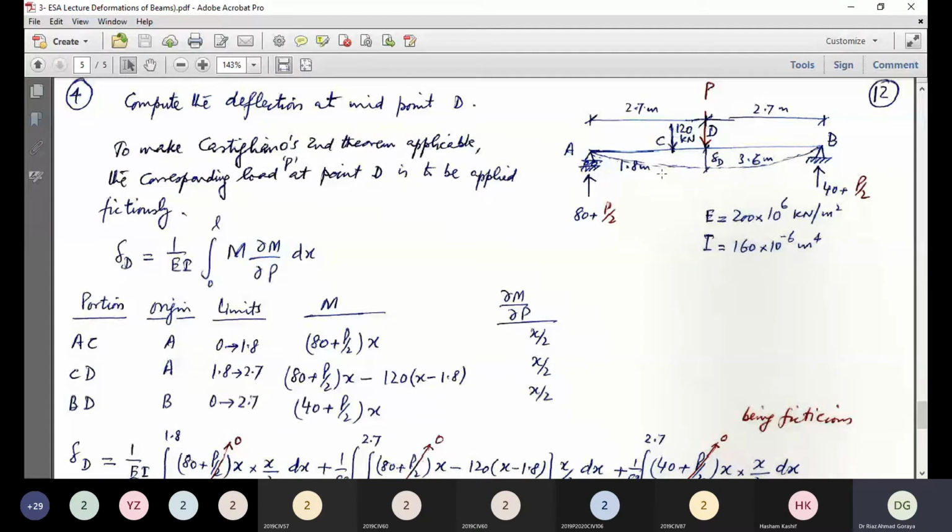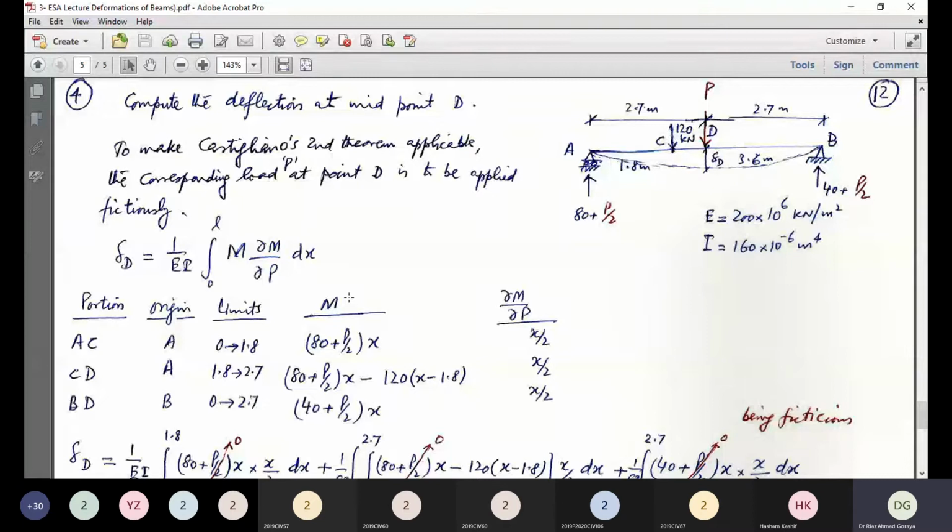Now, the reactions 80 and 40 same as previous. The reactions due to this midpoint load, imaginary load P, are P by 2 and P by 2. Now we have to compute the moment expressions.